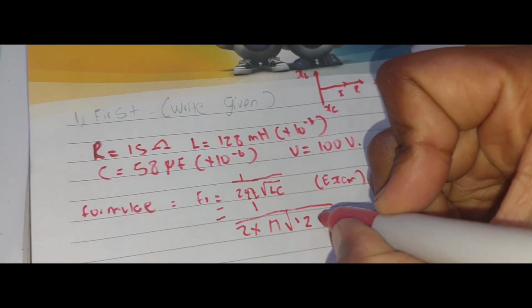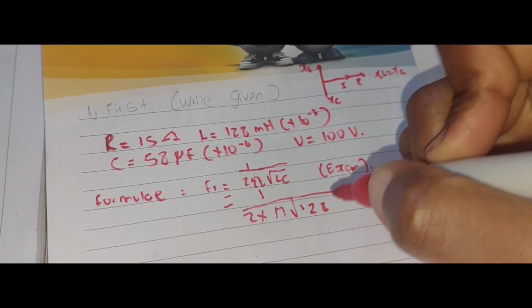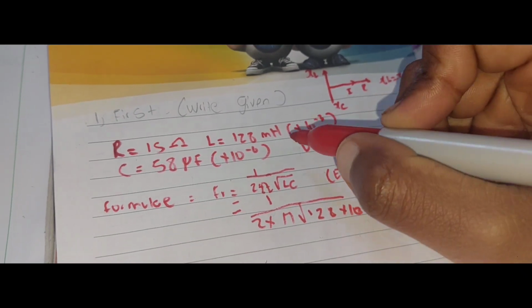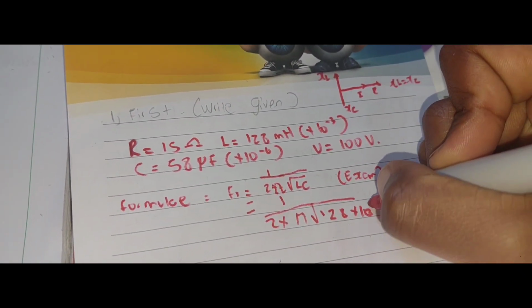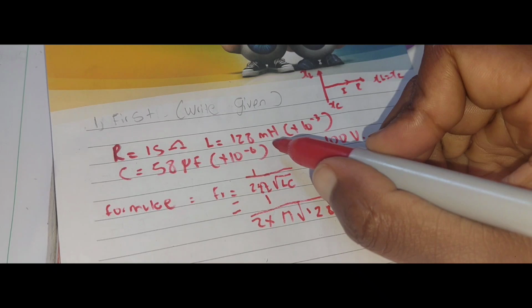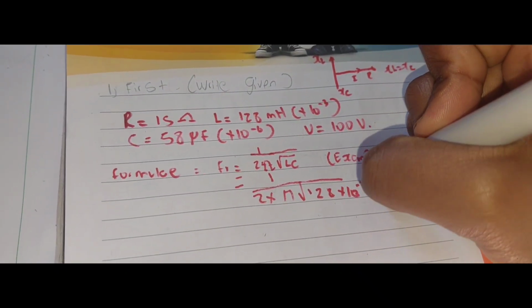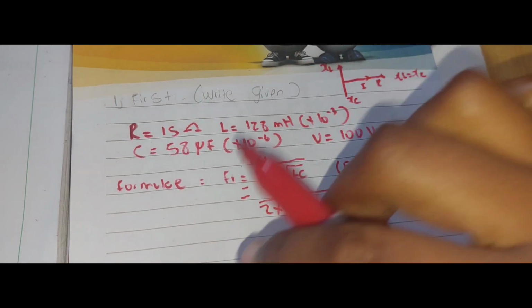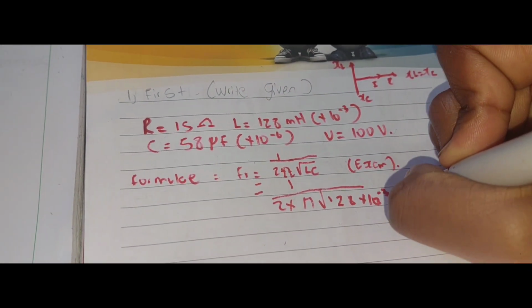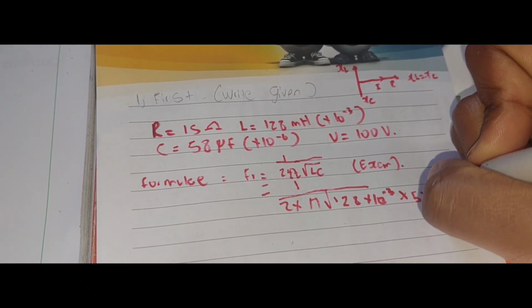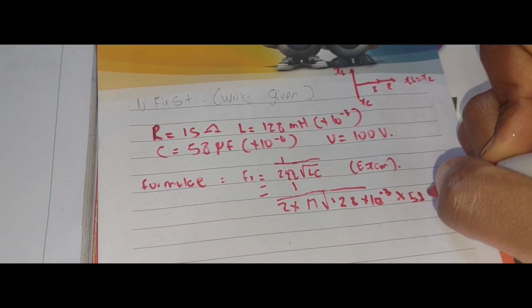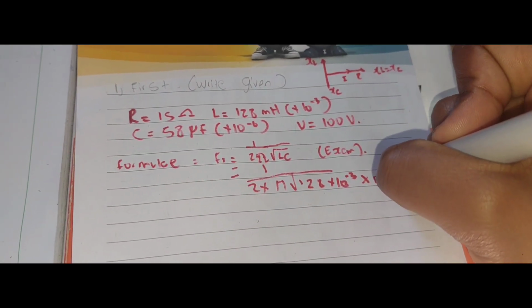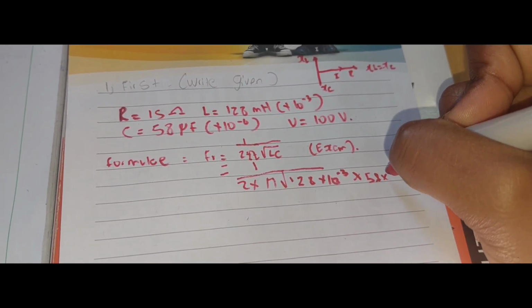I said that m stands for 10 to the power of negative 3, so 128 times 10 to the power of negative 3, times C, which is 58 µ, the same as 10 to the power of negative 6, so times 10 to the power of negative 6, guys.